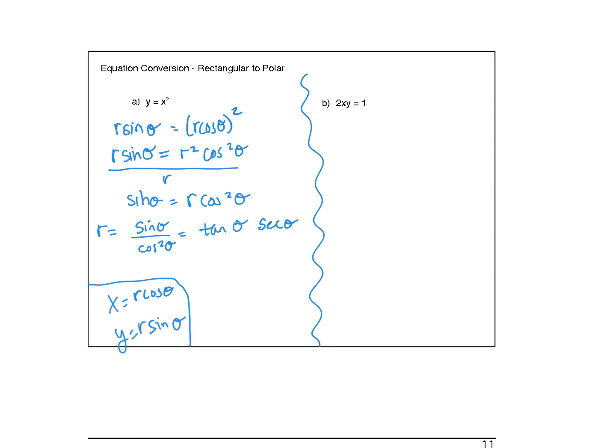Okay. So 2xy equaling 1. Replace them. So 2 times r cos theta times r sine theta equals 1. And then we just work to isolate our r. So we have 2r squared cosine theta sine theta equaling 1.